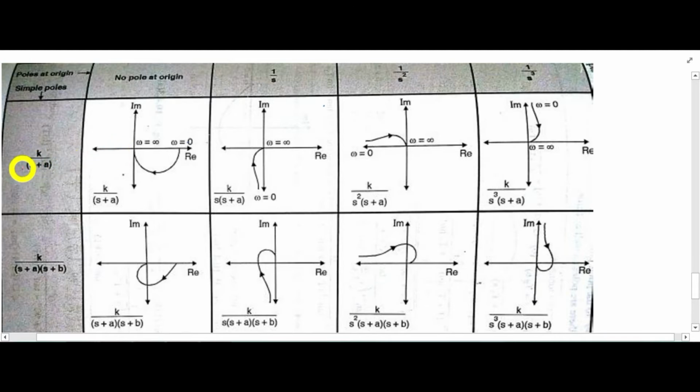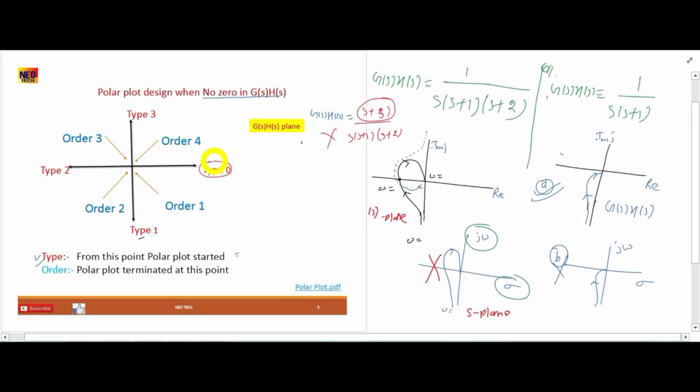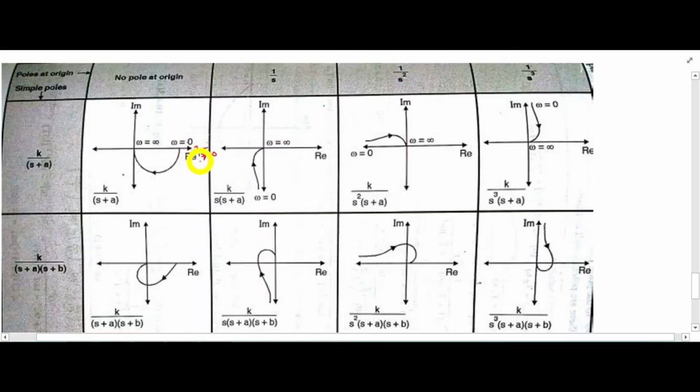The type of system is 0, means the Nyquist polar plot of this function starts from here, because type 0, and our polar plot always starts from the type point. What is the order of the system? Order means the maximum power of S. Maximum power of S is S to the power 1, means order of system is 1, means this plot should terminate at this point.